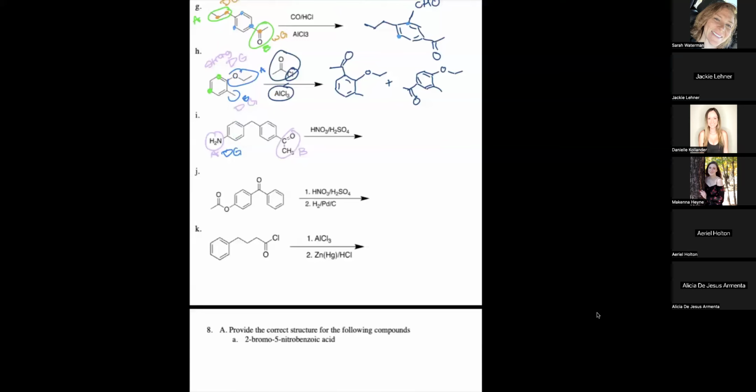Yep. What about B, withdrawing or donating? Withdrawing. Yep. So who are we gonna listen to? The donating group. Yep, which means what for positions? It would have to go in para or ortho because para's already taken. That's right. Exactly.